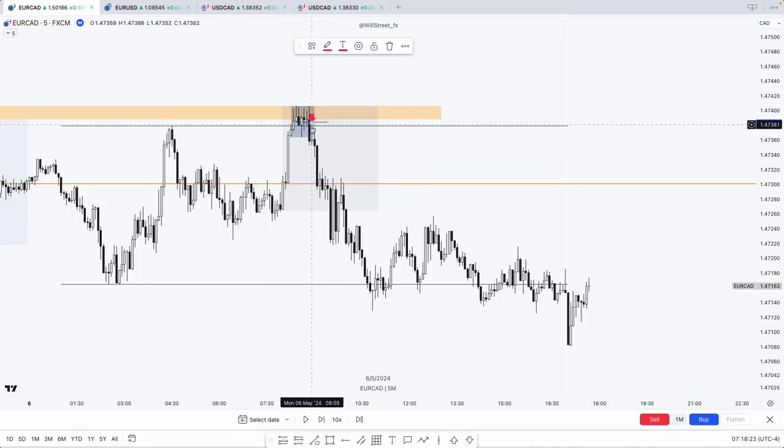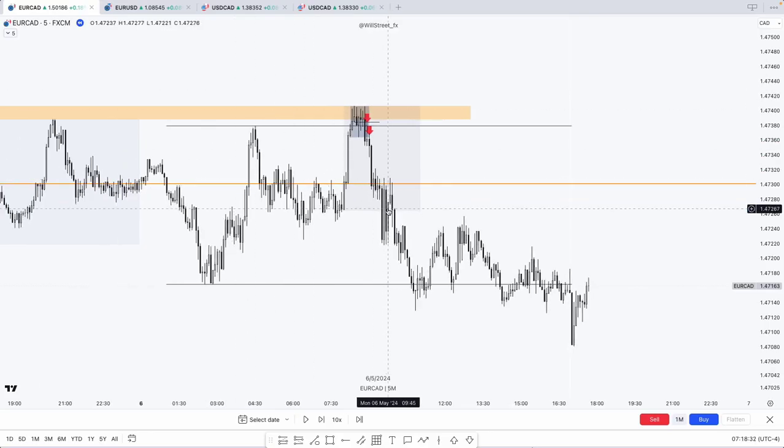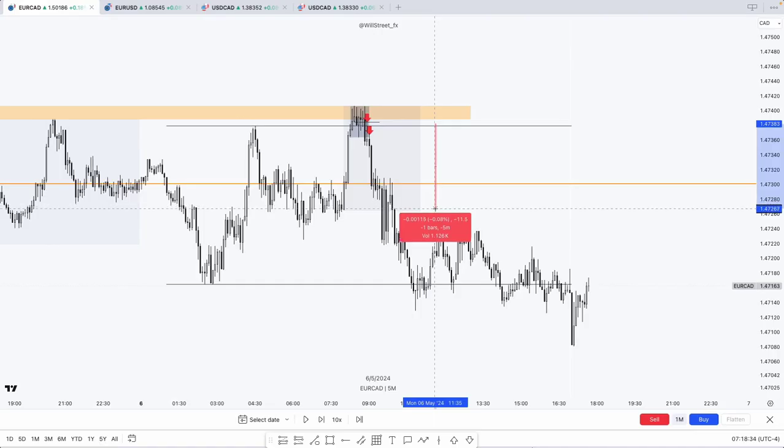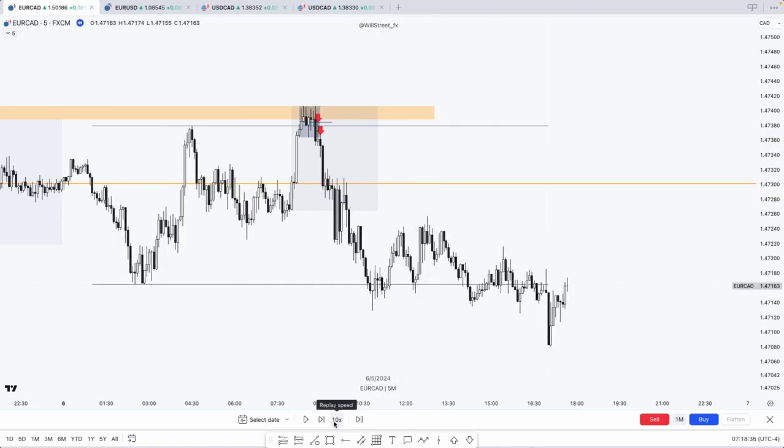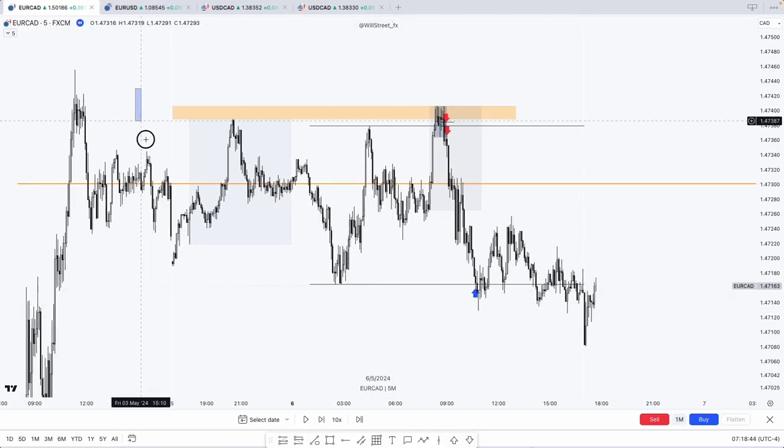So the order block will be a short, and the next power 3 of the 9 AM candle is our second short. We are not taking anything out here. Actually, this is 11 pips, and this is our exit. Look at the time, it's the middle of the hour, so it is a good exit opportunity.